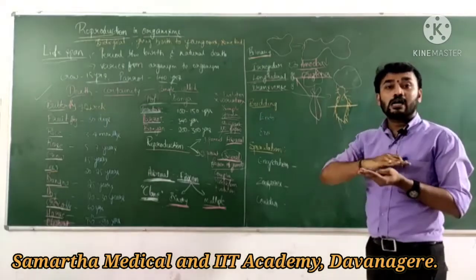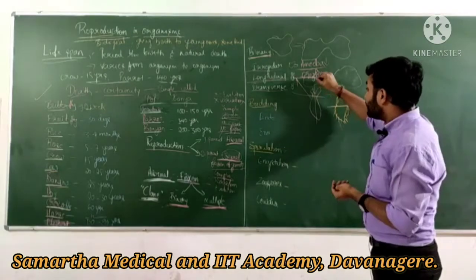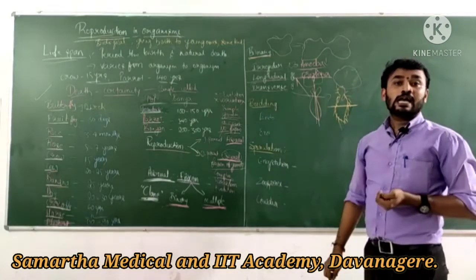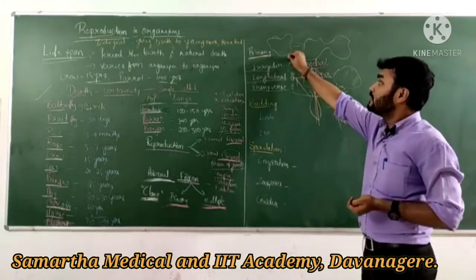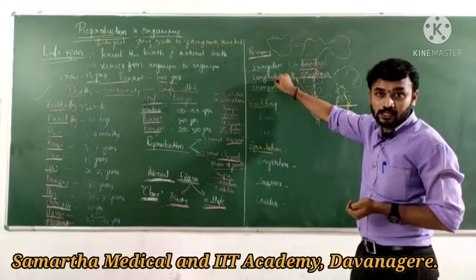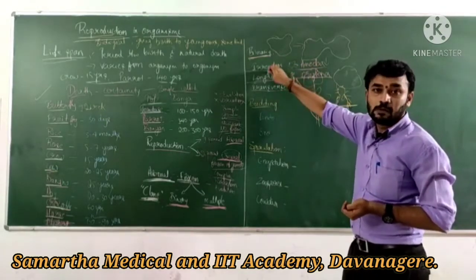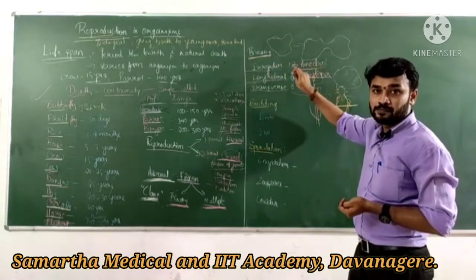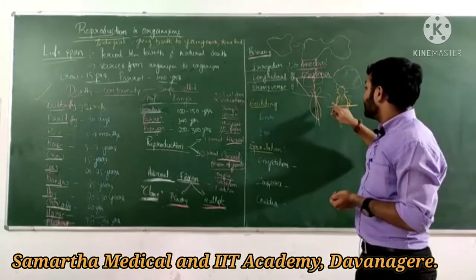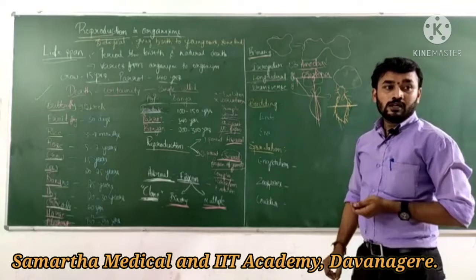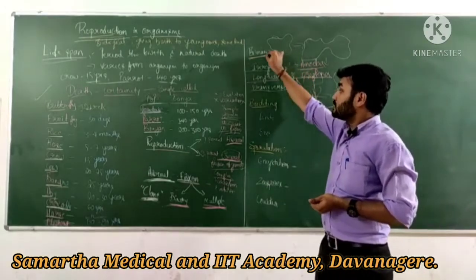Here in euglena it passes through the longitudinal plane. That's the difference between irregular, longitudinal and transverse. The example for irregular fission is amoeba, longitudinal fission is euglena, transverse fission is paramecium. This is what concerns binary fission.